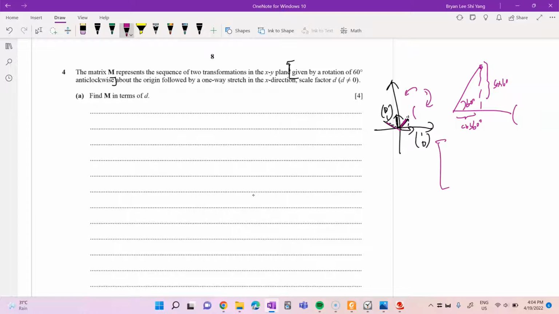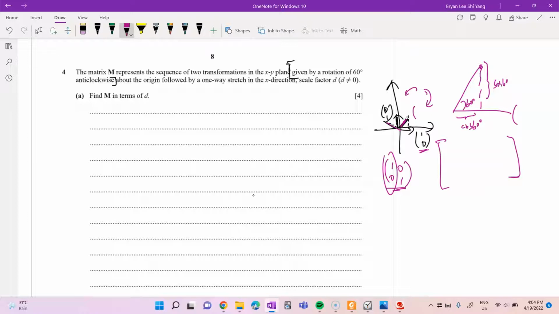If any of you has taken A-level further maths, you could remember this: our identity matrix, the one where nothing is changed, is in the form of 1, 0, 0, 1. Then I'll look in terms of vectors. Each column represents one vector.